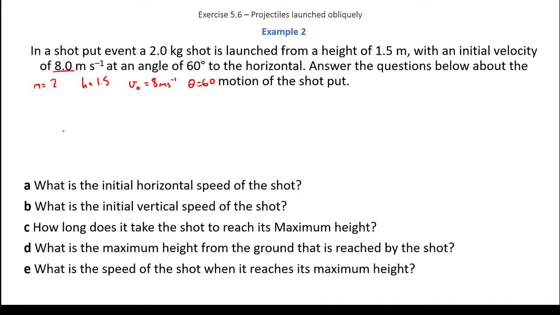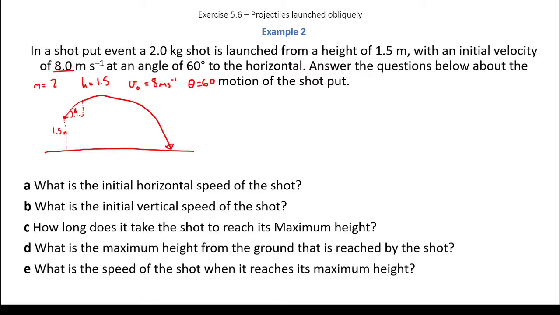Okay, let's draw a picture. We should always draw a picture first, so we're clear on what's happening. We have ground level. It is being launched at a height of 1.5 meters. Looks something like that. Not the best parabola I've done in my time, but let's just go with it for now.